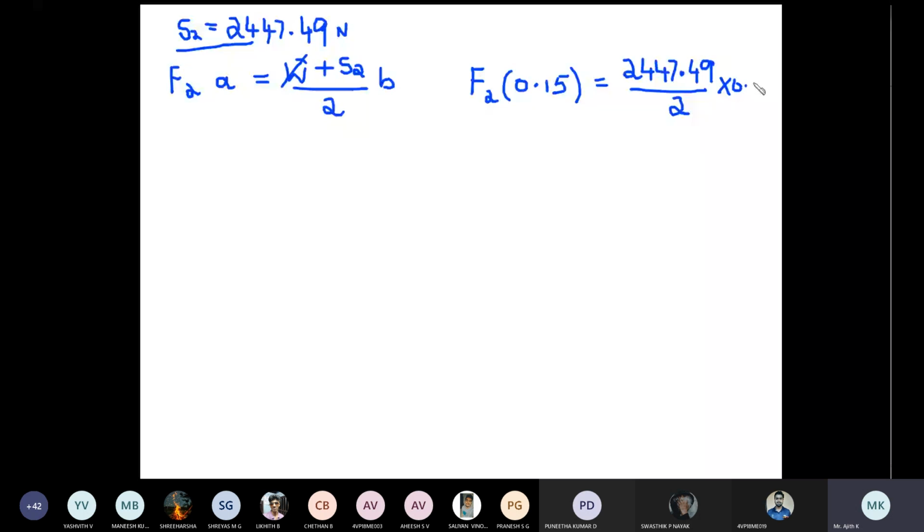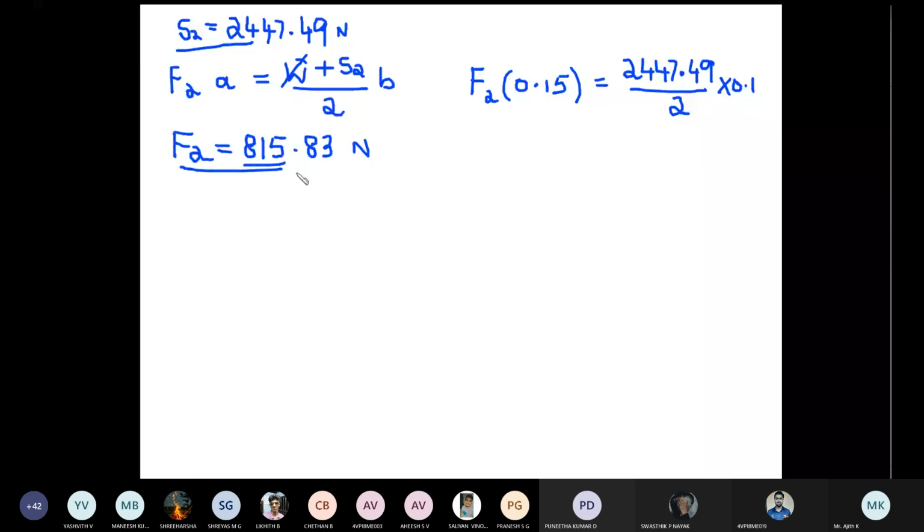So by simplifying, you will get the value of F2 as 815.83 Newton. This will be the value of F2.